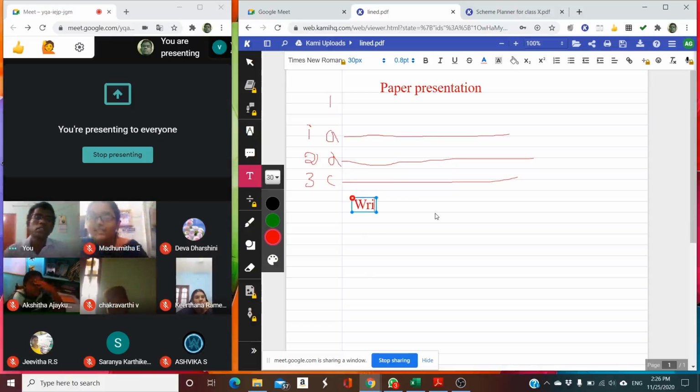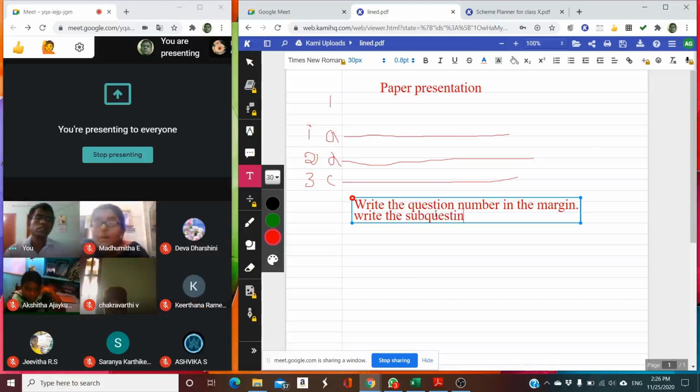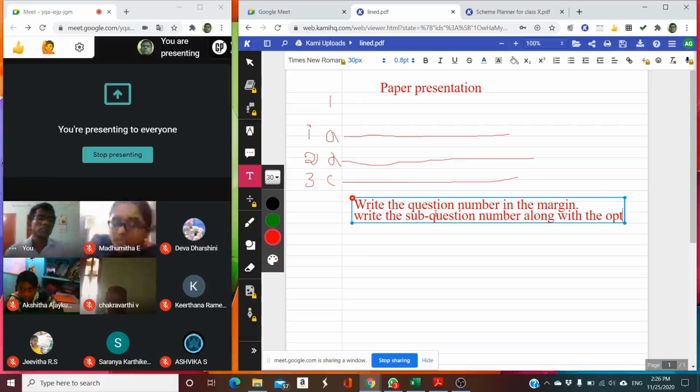Write the question number in the margin. Then write the answer along with the option number.